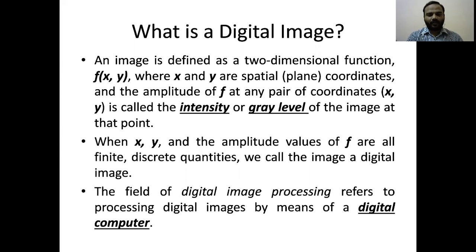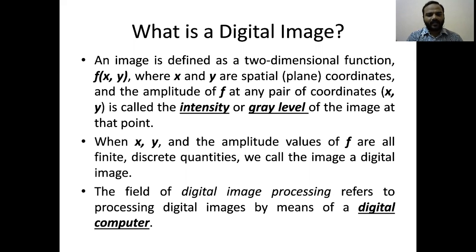What is a digital image? A digital image is defined as a two-dimensional function f of x comma y, where x and y are spatial plane coordinates, and the amplitude of f at any pair of coordinates x comma y is called the intensity or gray level of the image at that point.